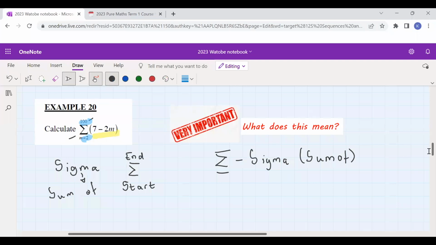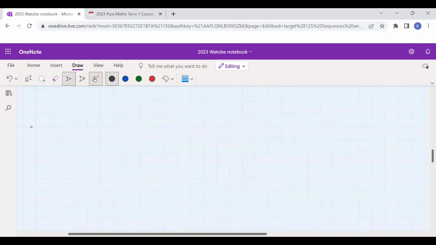So before we do this one, I want us to do a simple one. For everyone who says they've never seen sigma before, let's go up to 4. So I'm going to say A, it can be any letter at the bottom, guys. A is equal to 1 until 4.